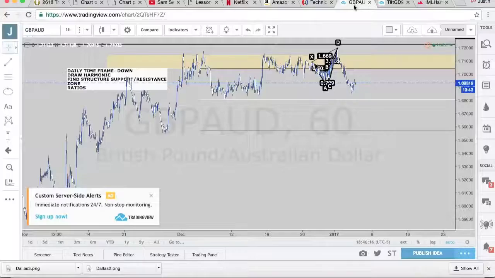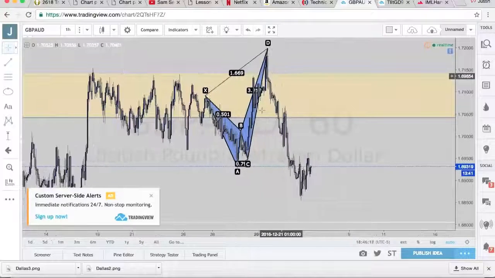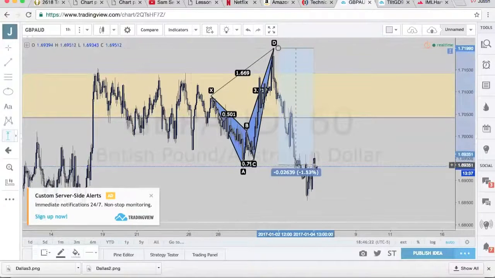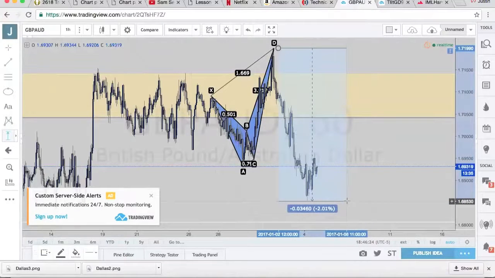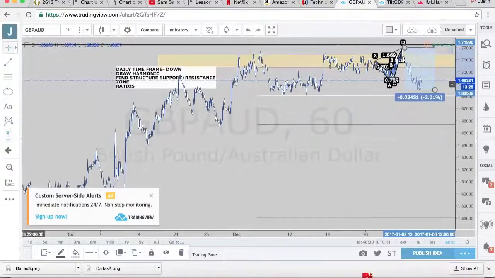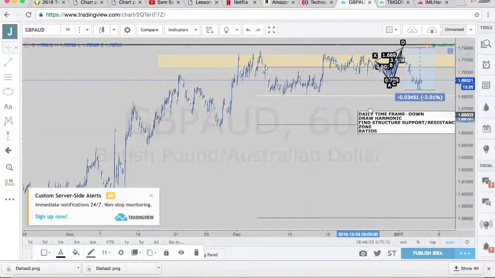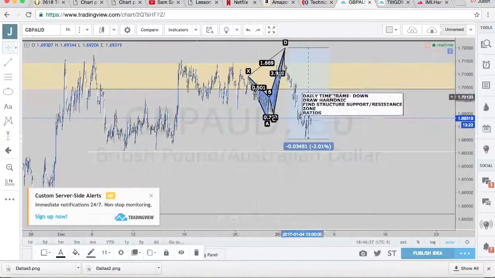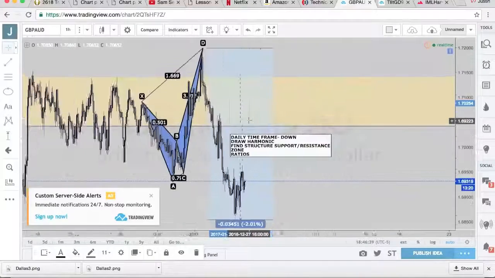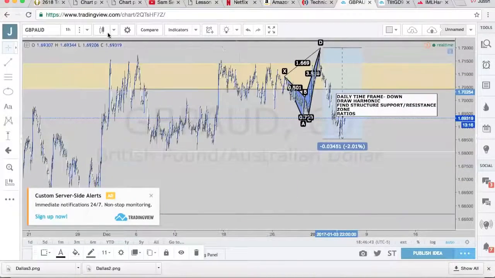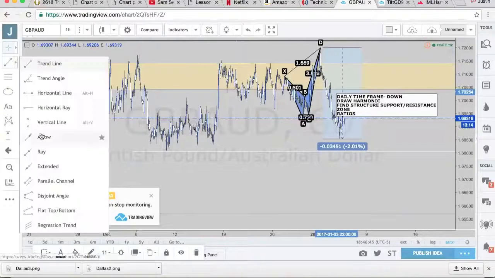Same thing. And then obviously this market fell from point D 350 pips. So again, what did we see? The time frame trend was down. We drew the harmonic, right? Found structure and support resistance, which is right up here in this zone right here. There's also some down in here.